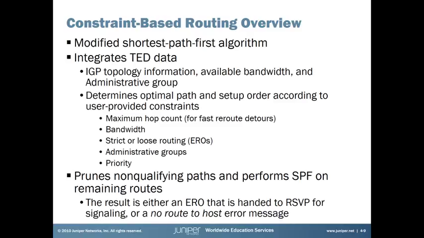Okay, so there's only two possibilities. We either get an ERO, or we figure out, hey, looking at all your requirements, that particular path is impossible to build. So I can't build a path that meets all your requirements. That has your bandwidth requirements, that has your hop requirements, that has your strict or loose routing requirements. I can't build that path.